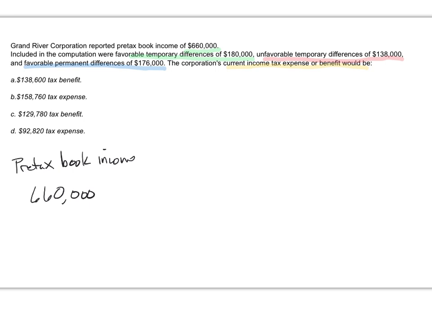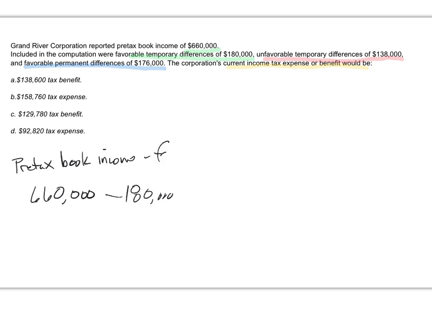We have favorable temporary differences of $180,000. Since those are favorable, our taxable income is going to be less, so those are going to decrease.